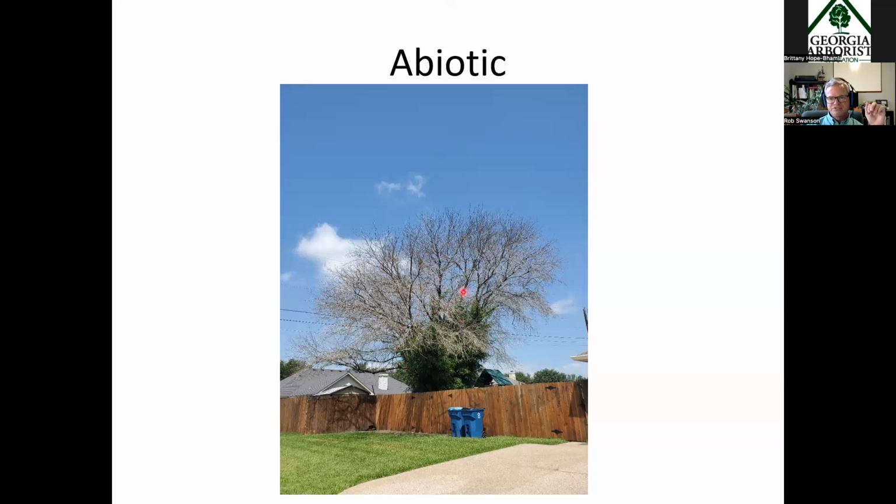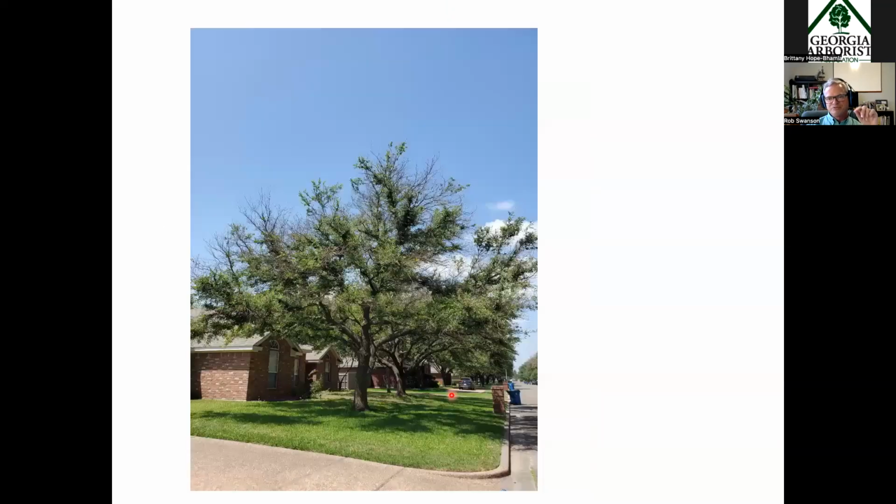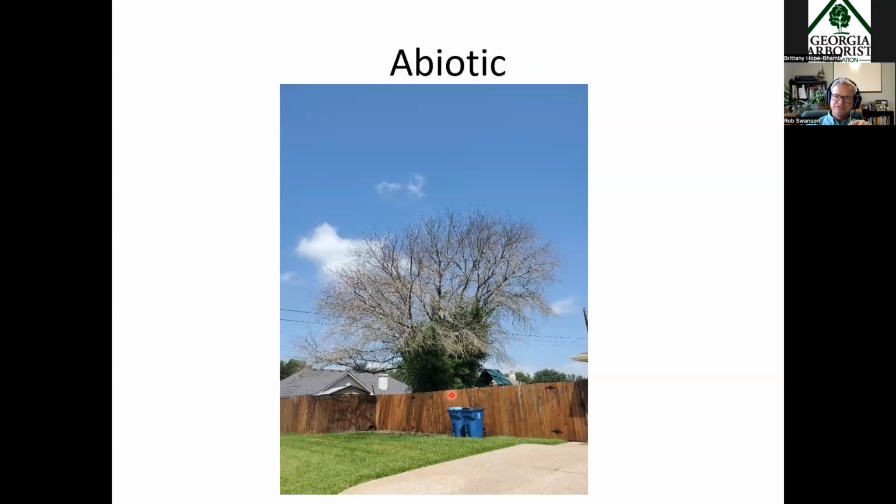So this is an ash tree which was hypersensitive to temperature extremes. So again, this live oak went from this to this, but this tree is still alive. The one behind it, not so much. This is an ash tree across the street that absolutely could not withstand the temperature extreme.